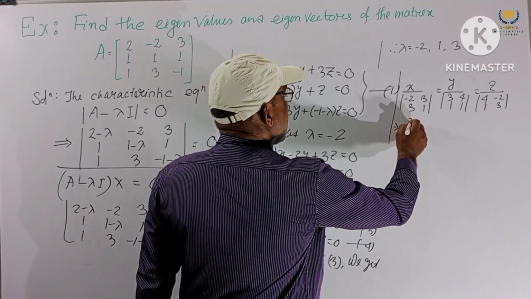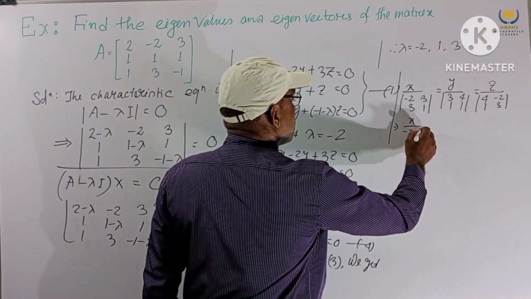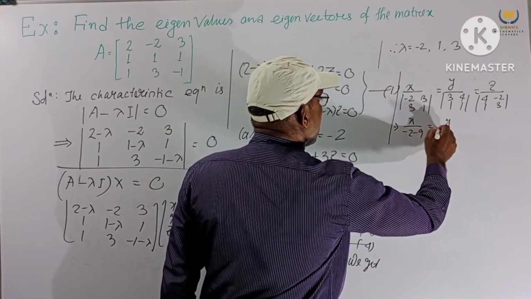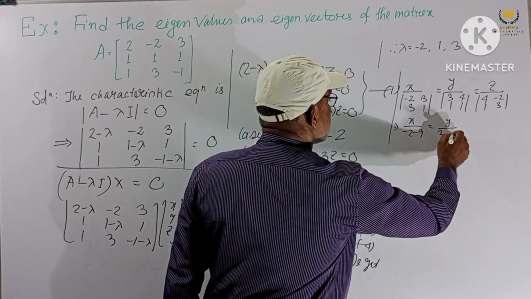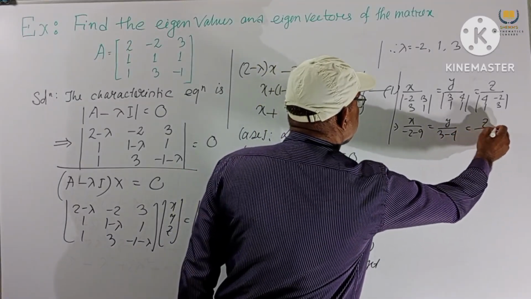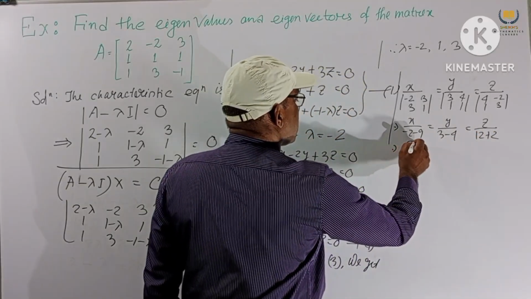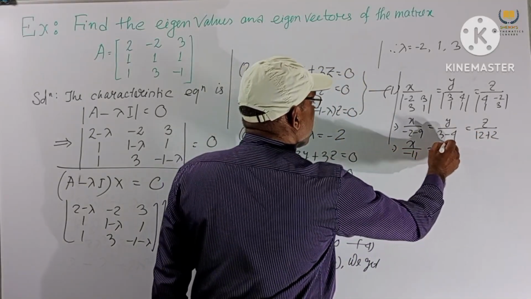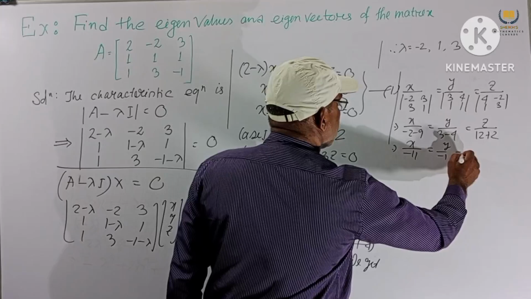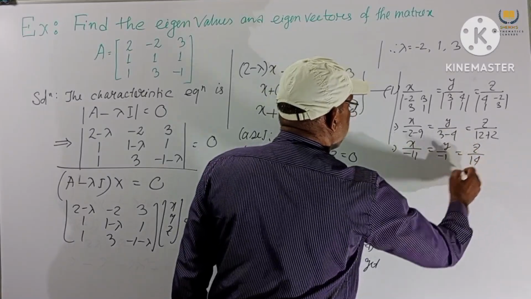This implies x by minus 2 minus 9, y by 3 minus 4, z by 12 plus 2. So x by minus 11, y by minus 1 and z by 14.